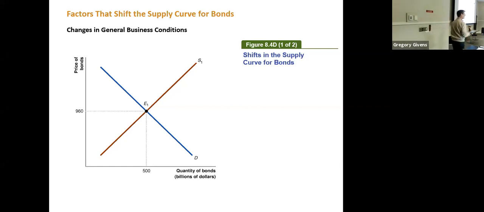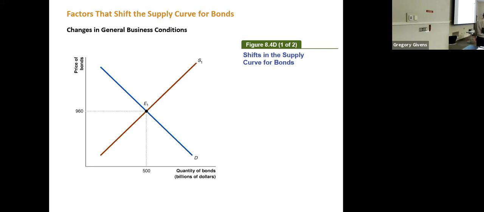The fact of the matter is that most businesses borrow in order to finance their spending on new capital equipment, machines, factories, warehouses, etc. Okay? And they do that because there are certain tax advantages in the United States to financing investment with debt rather than with equity.